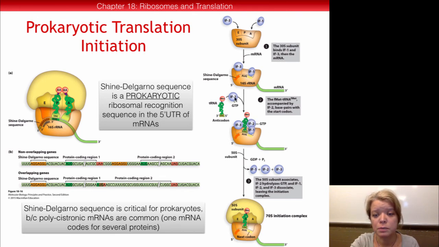The GTP of initiation factor 2 is hydrolyzed to form GDP. That triggers the three initiation factors to leave, and now the 50S ribosomal subunit can come in and form the fully functional ribosome, which is also called the 70S, which is just 50 plus 30. So this is prokaryotic translation initiation.